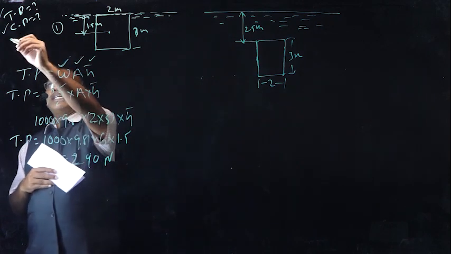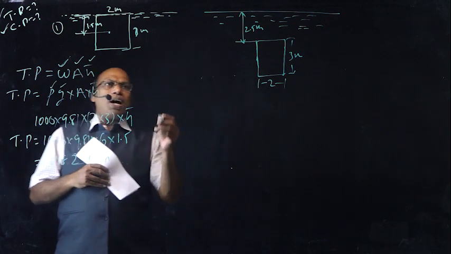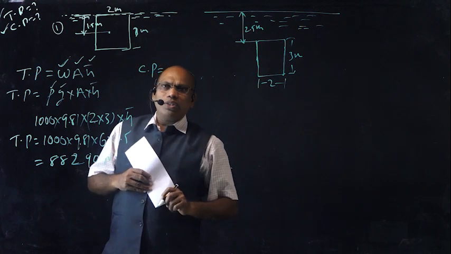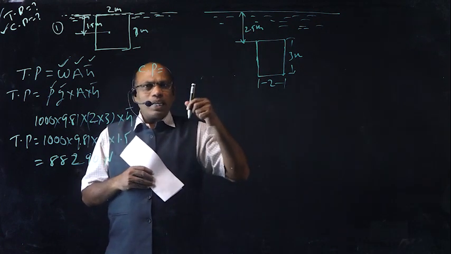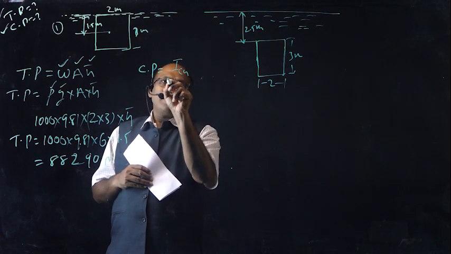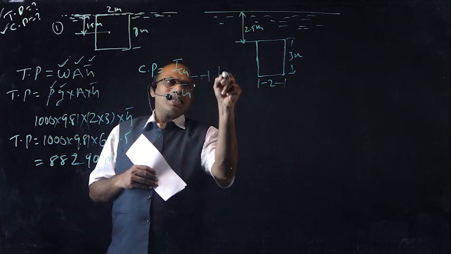Next question is center of pressure. Center of pressure formula, in case of vertically immersed bodies, equal to ICG divided by A H bar plus H bar.